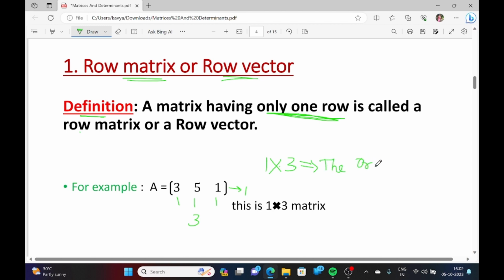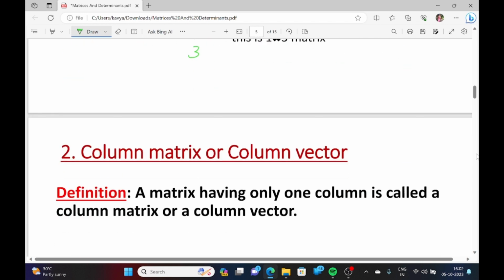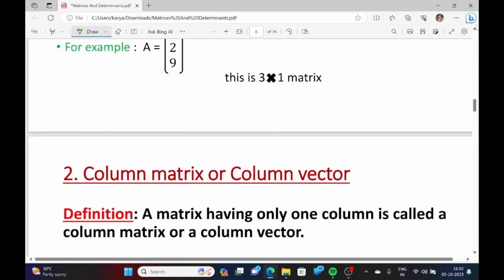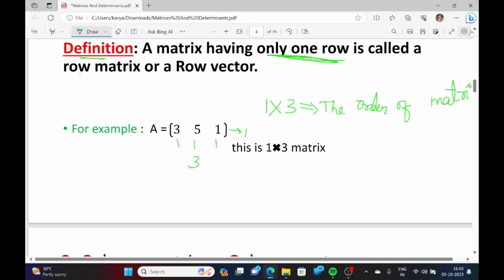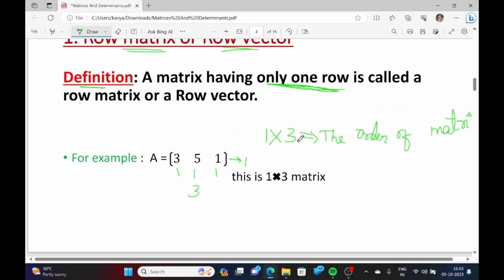Okay, order of matrix. First we have to write the rows, then the columns. This is the order of the matrix A. Here we can see there is only one row and there are three columns.